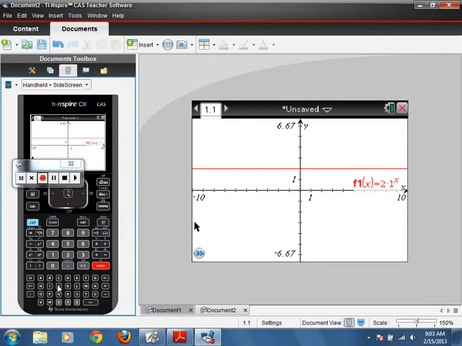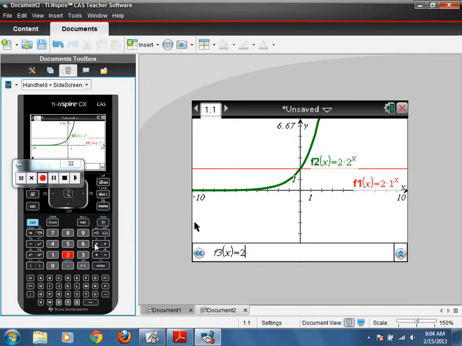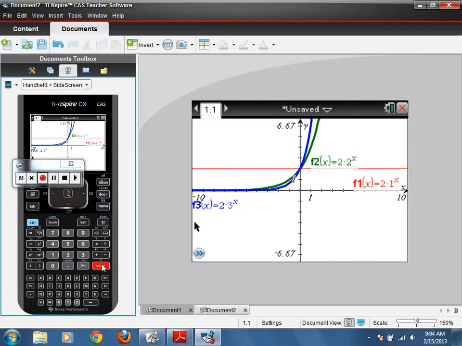Okay, tab, 2 times 2 to the x, 2 times 3 to the x, and 2 times 4 to the x. So what is changing? What is staying the same?